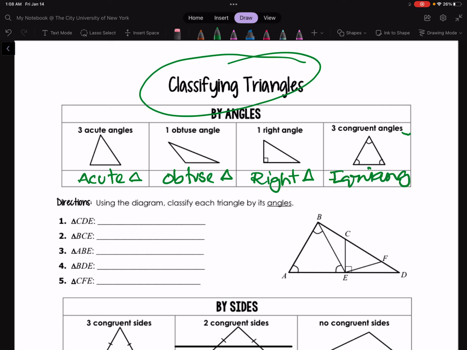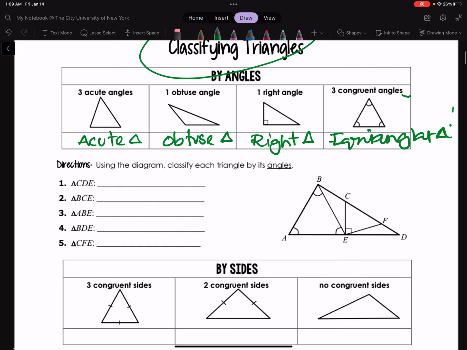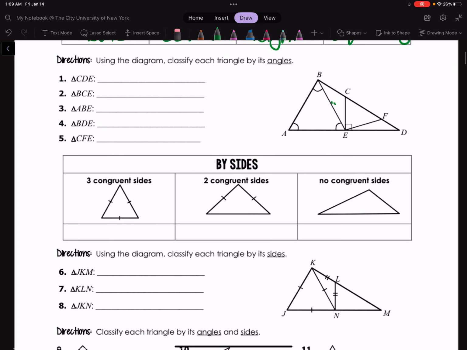And if the angles are equal, the sides will automatically be equal, so it is an equilateral, equiangular triangle. Based on that, you should be able to determine what type of triangle is given. Sidewise, three congruent sides, so we call it an equilateral triangle.